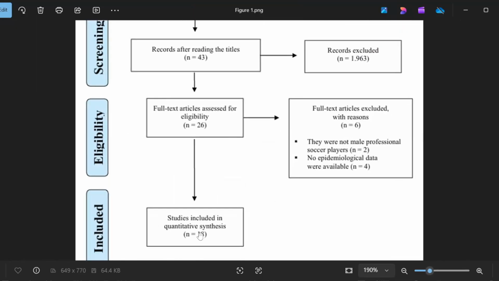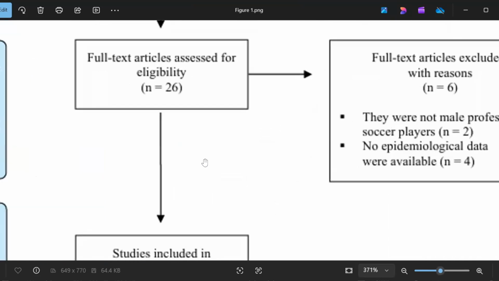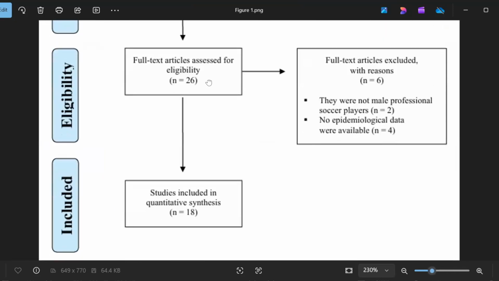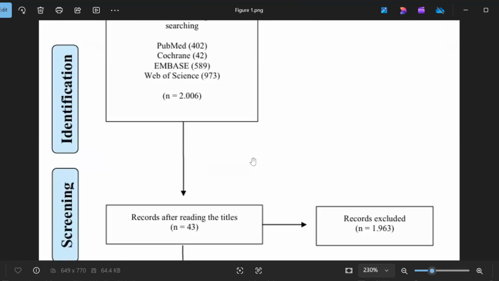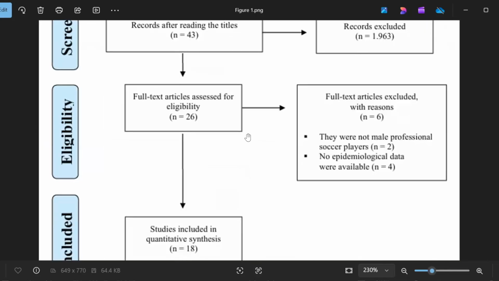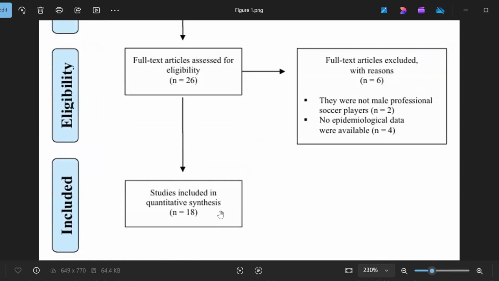And then finally, from those 2006 papers, you whittle it down to 18 papers that can possibly be brought into this systematic review.